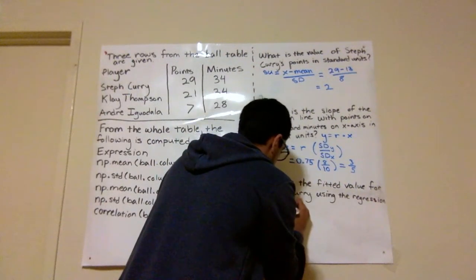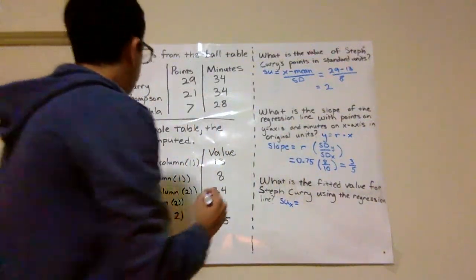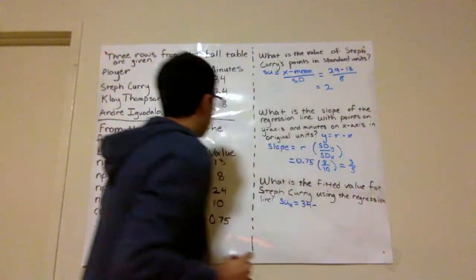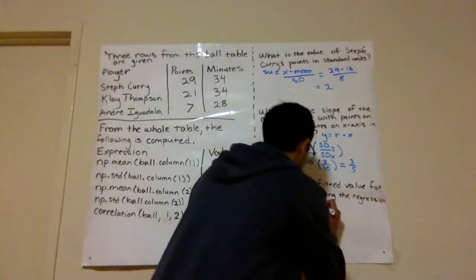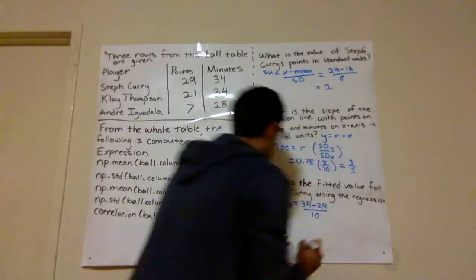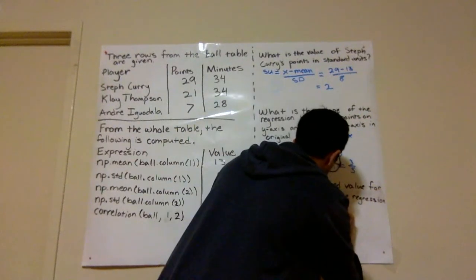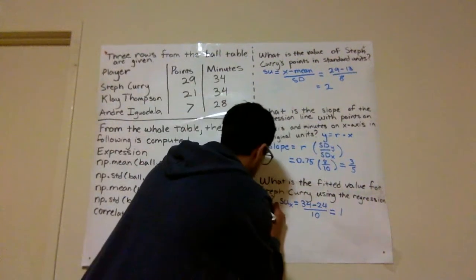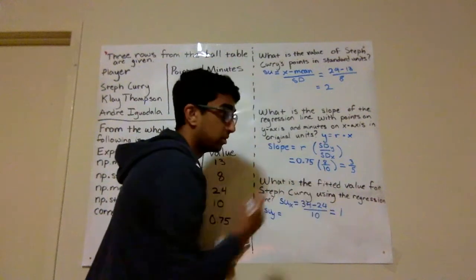So I'm going to say the standard unit of x is equal to 34 minus, and we have to find the mean for this, 24, over 10, because 10 is the standard deviation for the minutes, and then the standard units for this is just going to be 1.